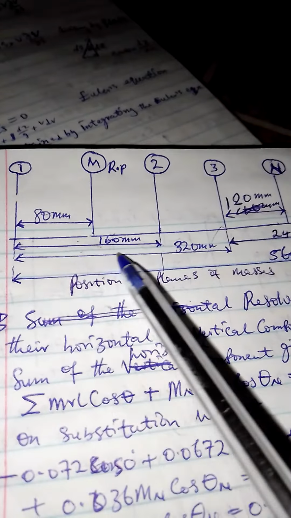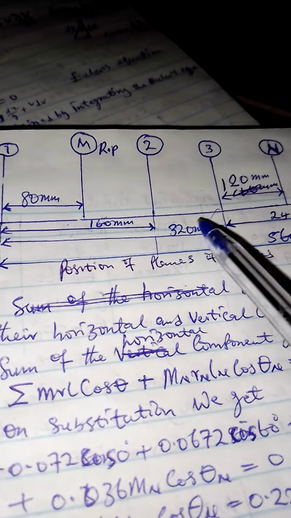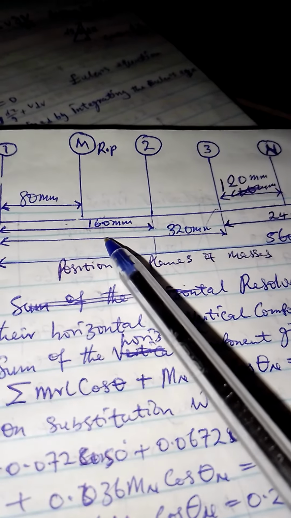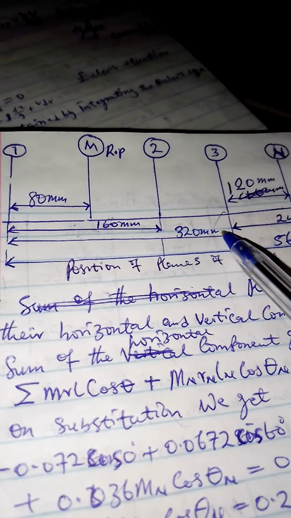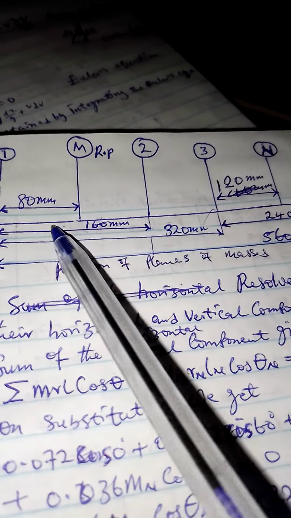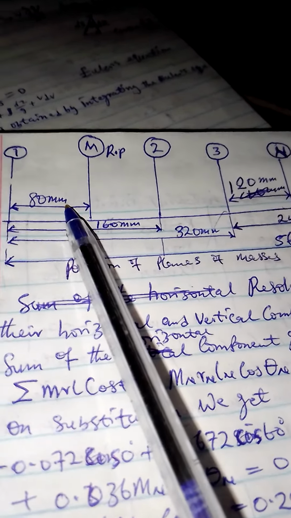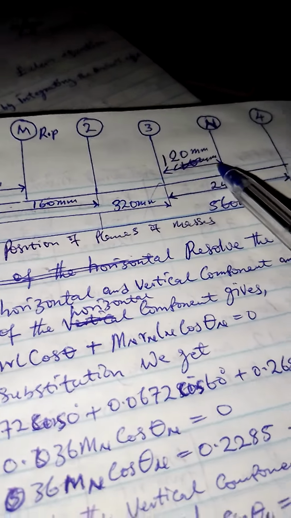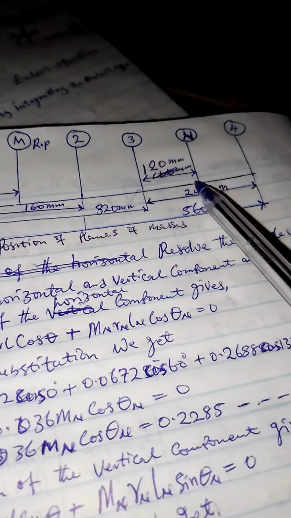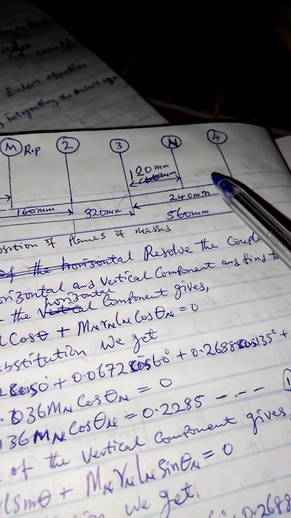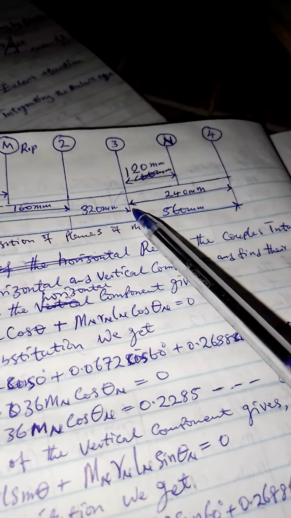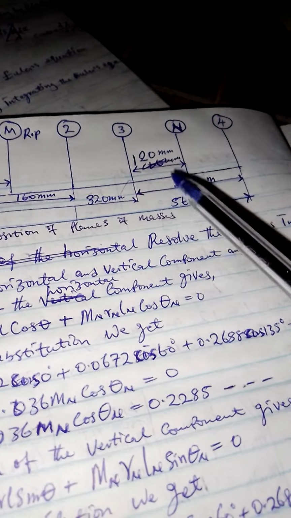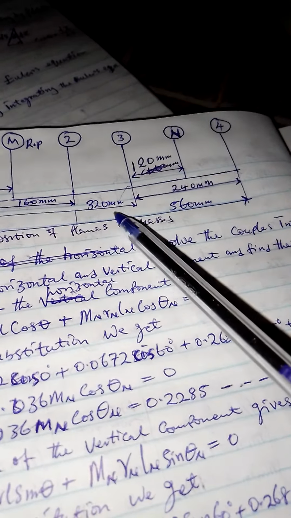From mass 1 to mass 3 is 320 millimeters, which means that from our reference point to mass 3 will be 320 minus 80 millimeters. The same goes with mass N. Mass N is located between mass 3 and mass 4. The distance from mass 3 to mass 4 is 240 millimeters, which is 560 minus 320.